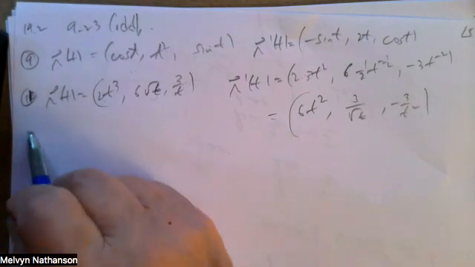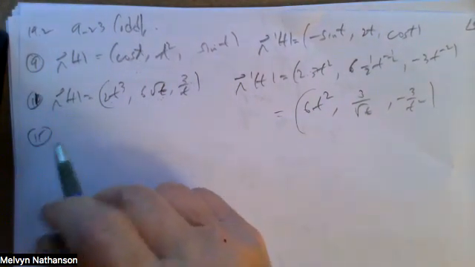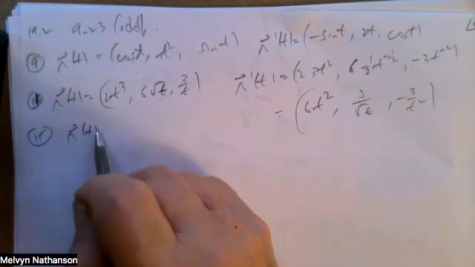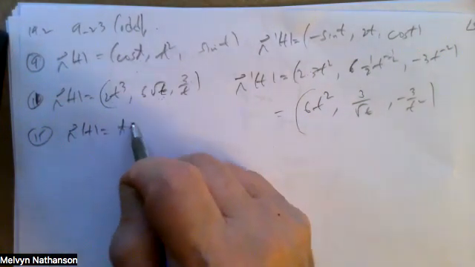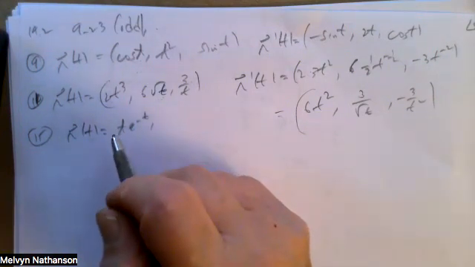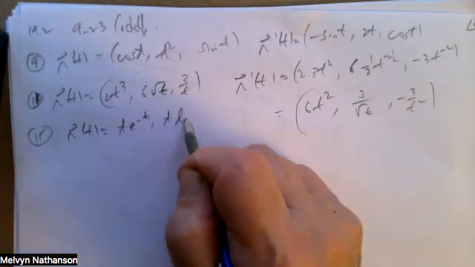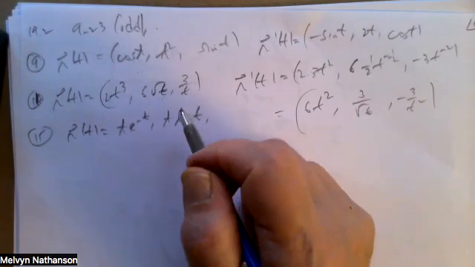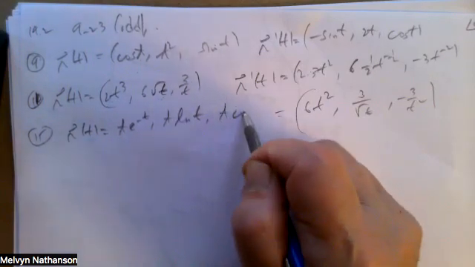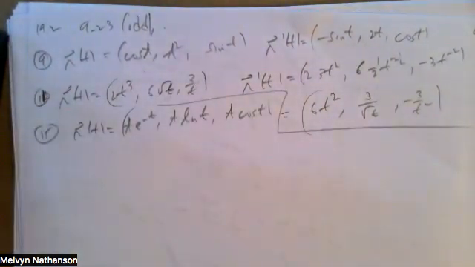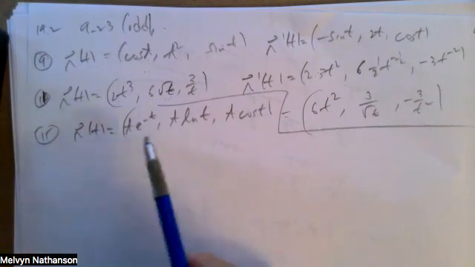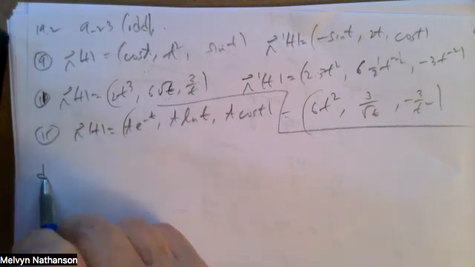Let's do one more, say number 15. The vector valued function r of t is t e to the minus t, t times the log of t, and t times the cosine of t. So we have to differentiate each of these coordinate functions.